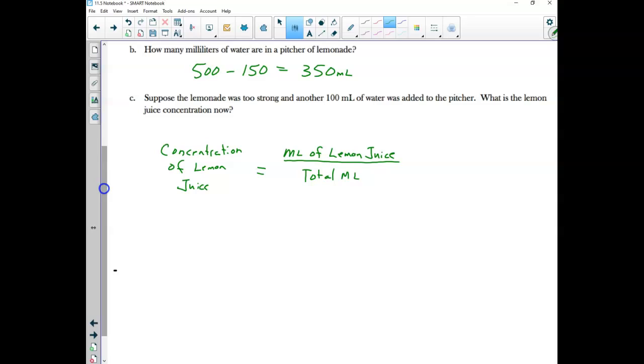So I have 150 milliliters of lemon juice.